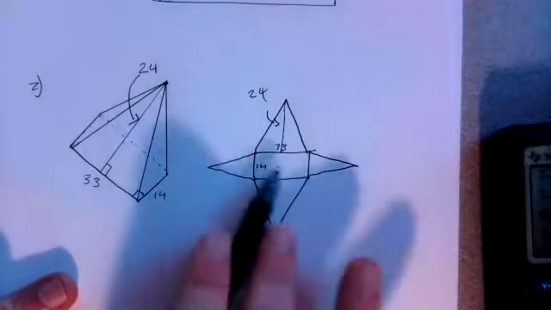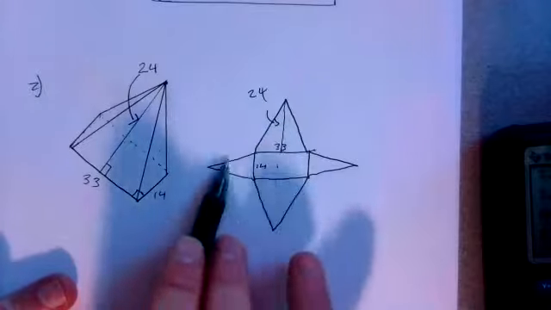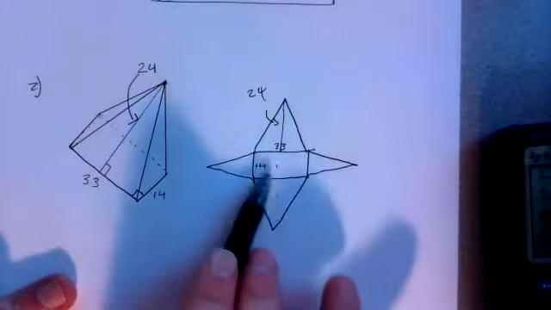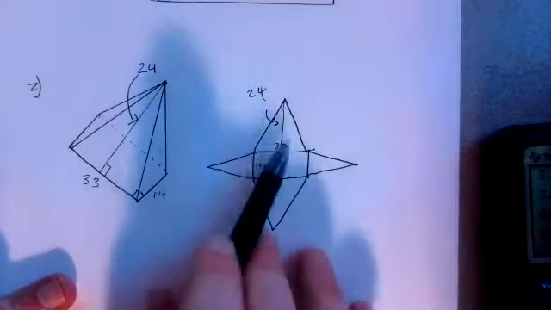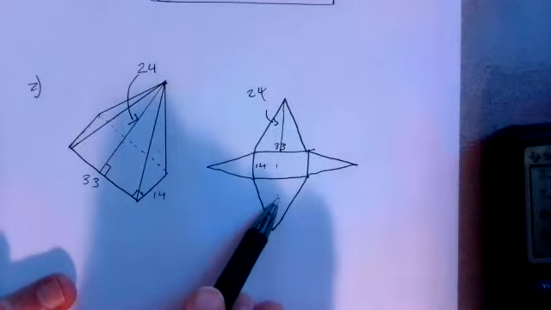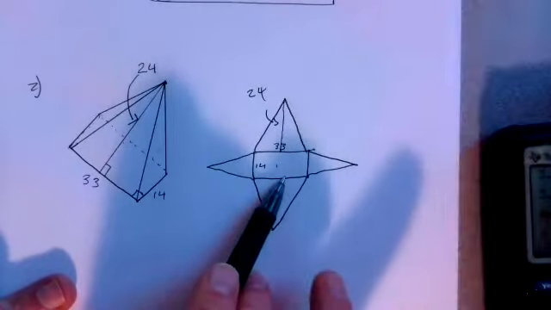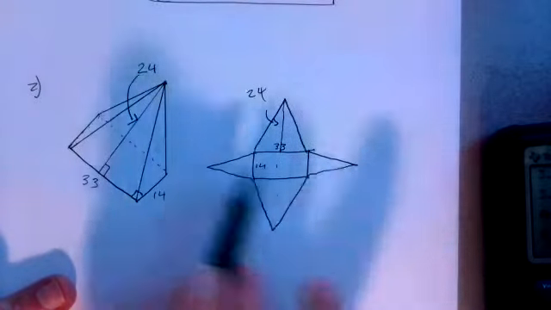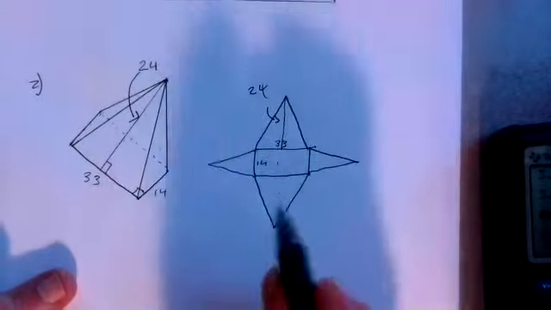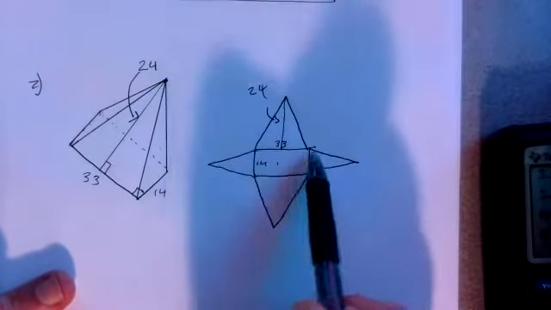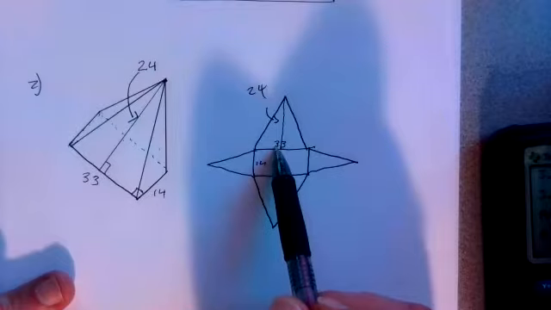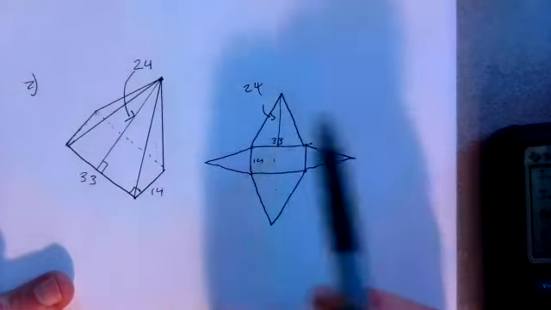So before we get to all that, let's do just the lateral area first. Then we could do the base and add that with the lateral area, okay? So I know I have 2 of these triangles, and I have 2 of the smaller triangles. So area of one triangle is base times height divided by 2.